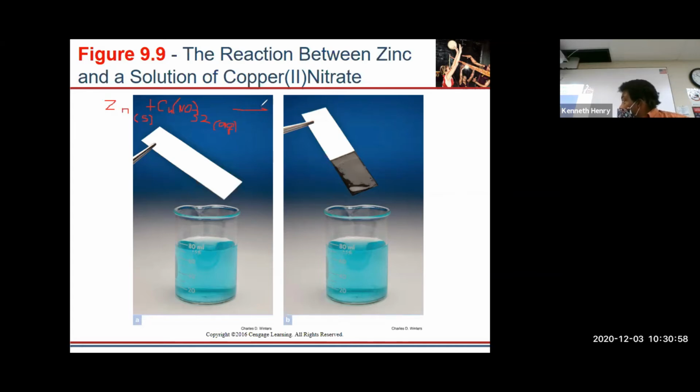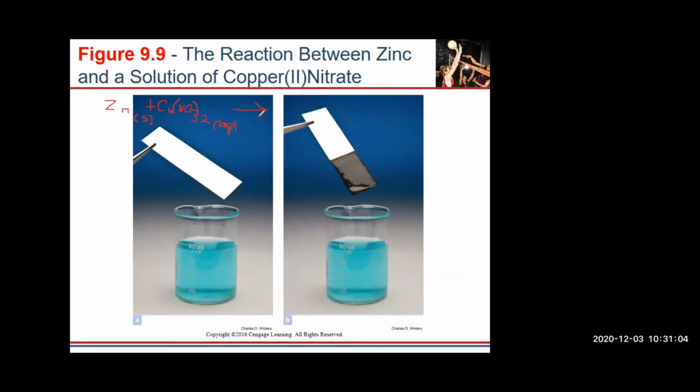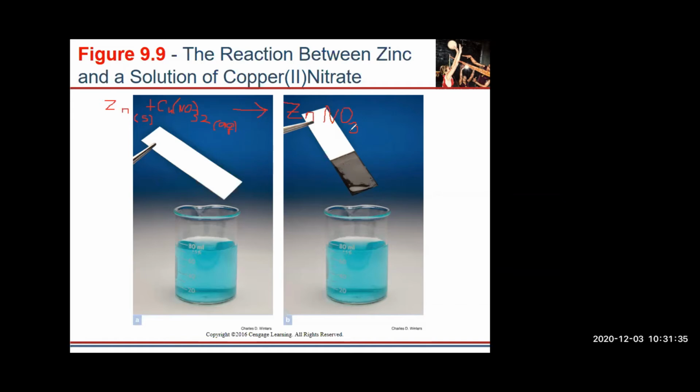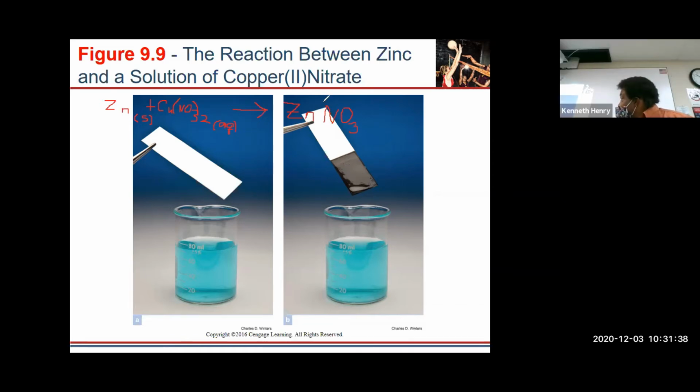Okay, so what are we making? Is it zinc nitrate? Yes. Do you put parentheses and a 2 since zinc is Zn? That is correct. We need our parentheses and a 2.